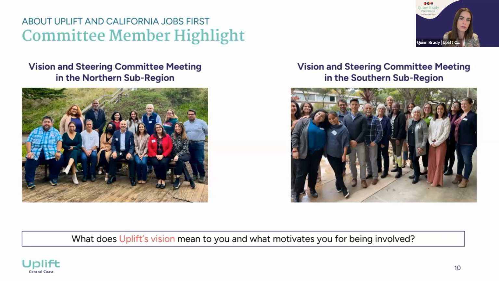Uplift Central Coast Coalition is our 6-county work that we're doing funded by California Jobs First, which, so many names, so many acronyms, confuses all of us all the time. So feel free to keep asking if we use acronyms and we need to clarify.